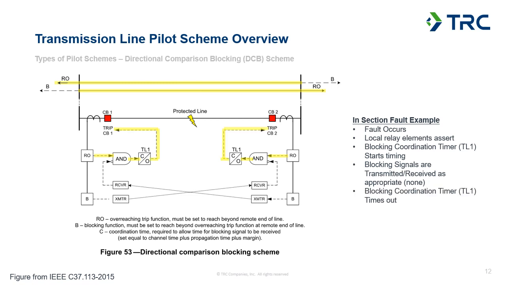And once the blocking coordination timer times out, the trip decision is made. So after the fault, a few cycles later, we've now made a trip decision to clear the line for this in-section fault. And each terminal trips its local breaker, and the fault goes away because we've de-energized the faulted portion of the system.